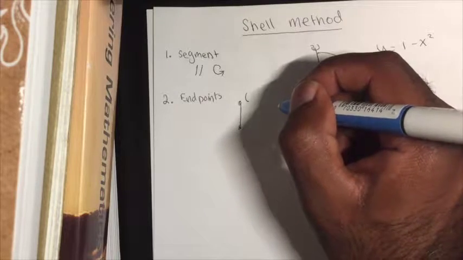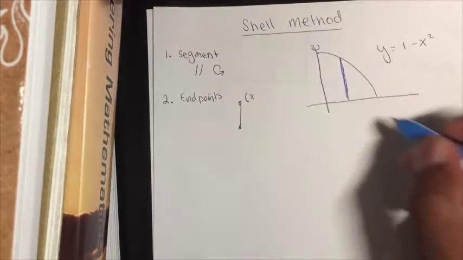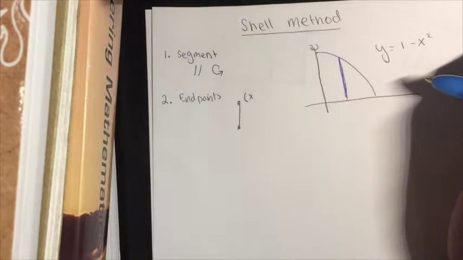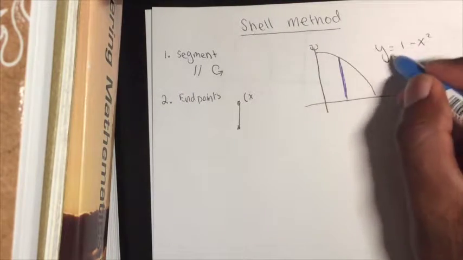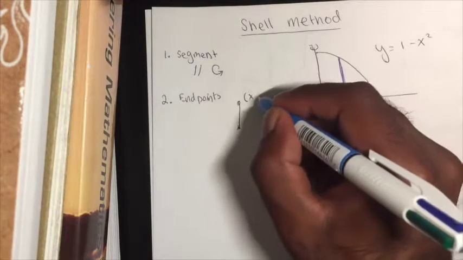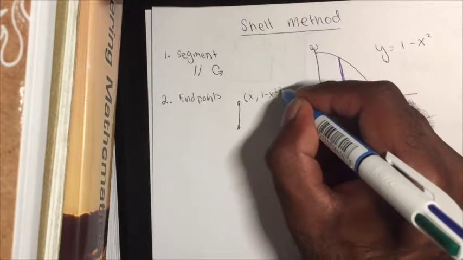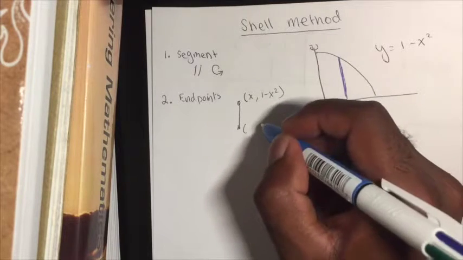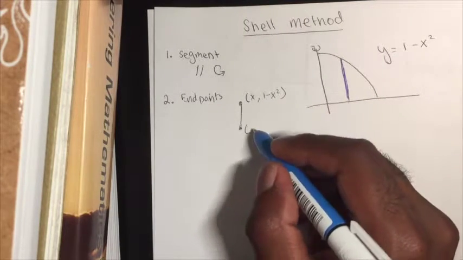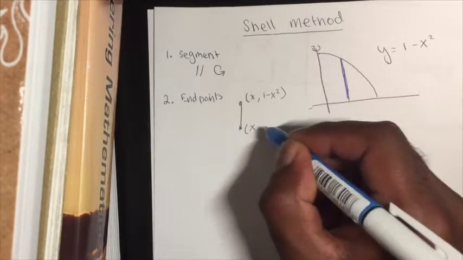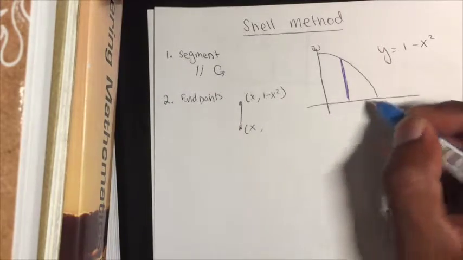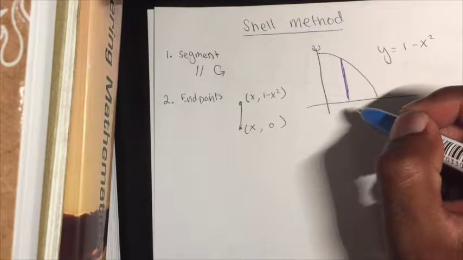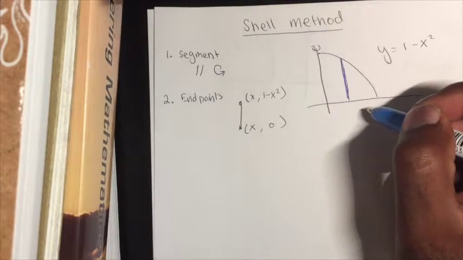The top endpoint will be x, because it's x away, and the y value will be 1 minus x squared, coming from the equation that we have. We're going to keep it in terms of x. Now, the bottom endpoint, the x value is also x, and the y value is 0. So, still very similar to the disk method.